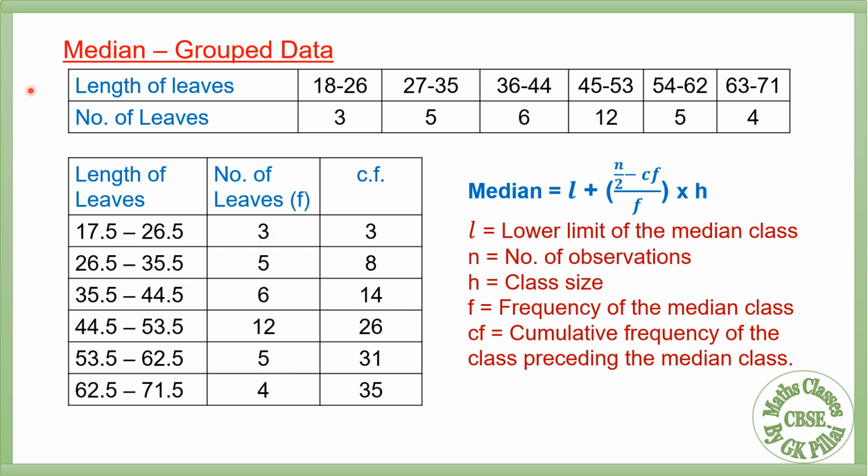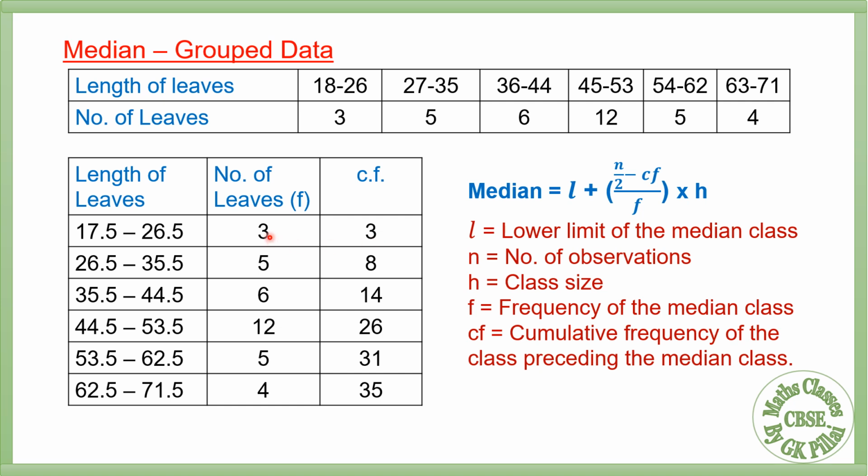Then for finding the median, you must be knowing you have to find the cumulative frequency. This is very important. You should know, when the figures are given, how to write the cumulative frequency, and from the cumulative frequency, how to get the normal frequency.